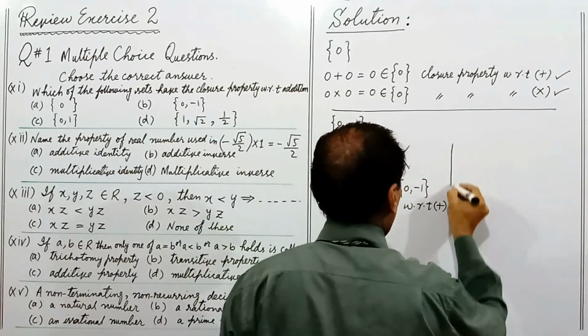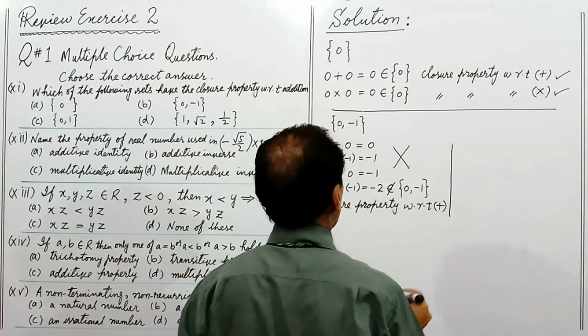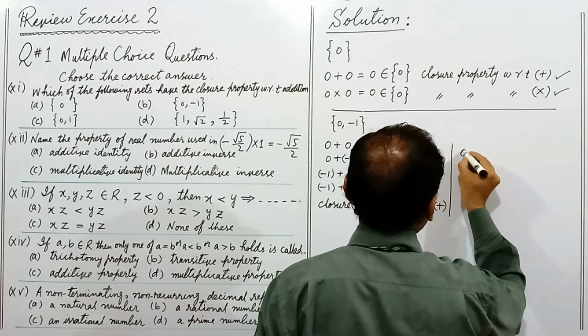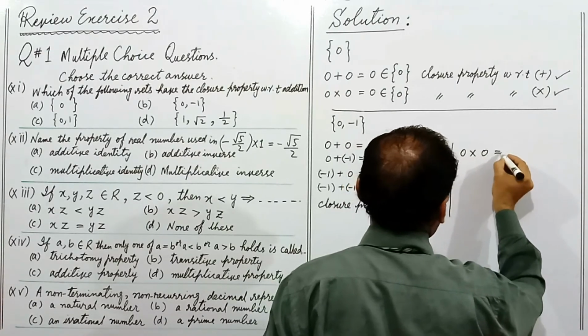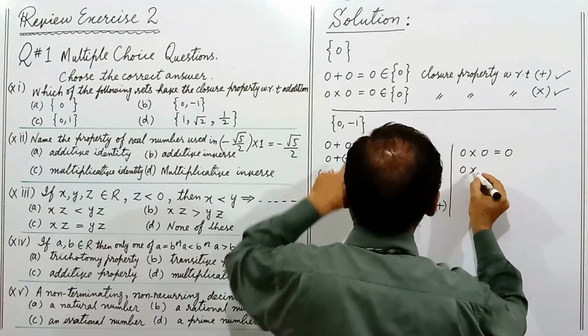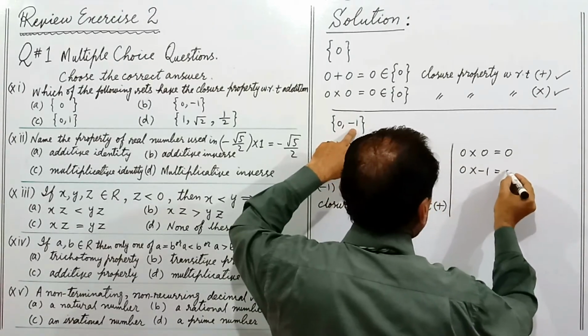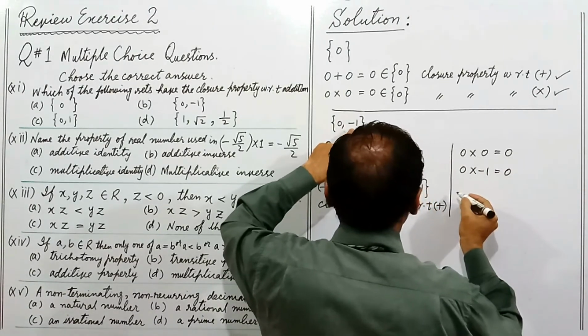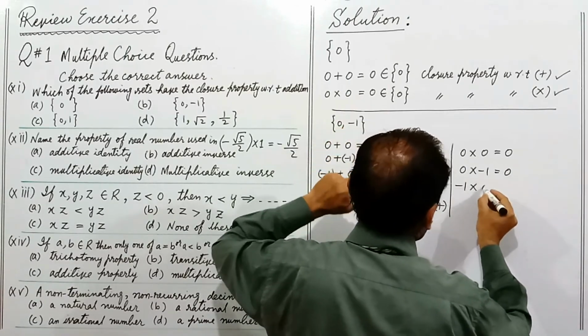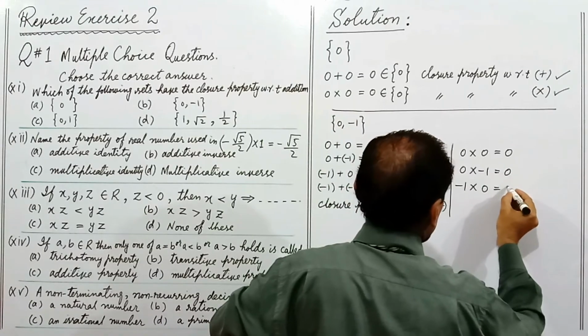We check the closure property with respect to multiplication. We multiply 0 by itself, 0 multiplied by 0 is equal to 0. We multiply 0 by the second number, minus 1, that is equal to 0. We multiply minus 1 by the first number 0, that is 0.